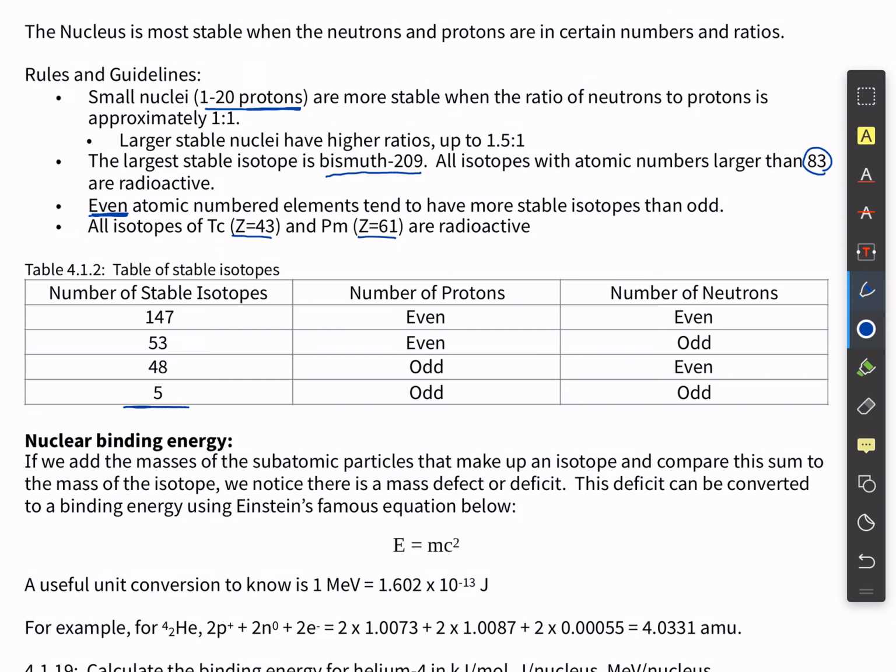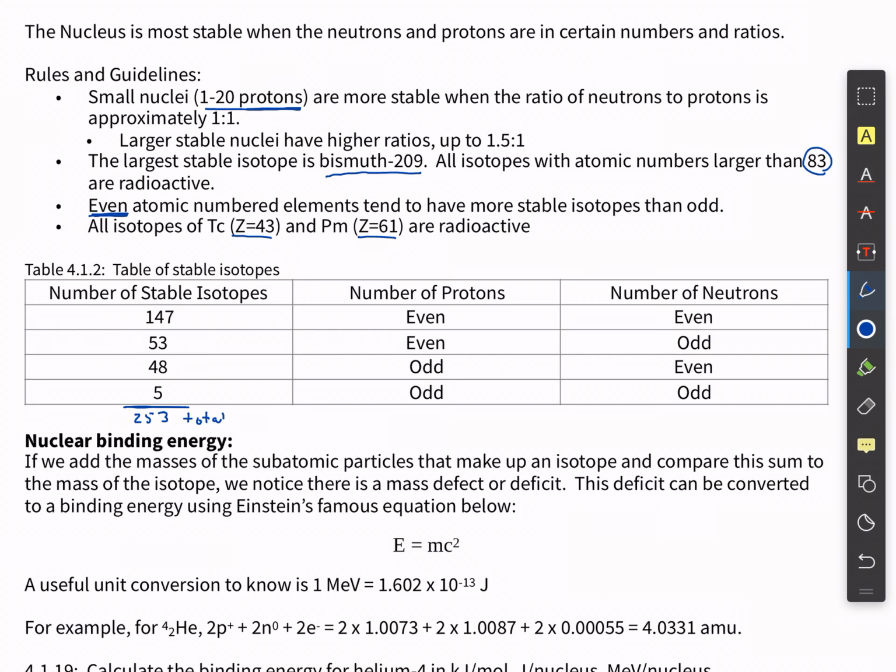If you add all those up, 147 plus 53 plus 48 plus 5, yeah, 253 known stable isotopes. Again, out of 83 elements.